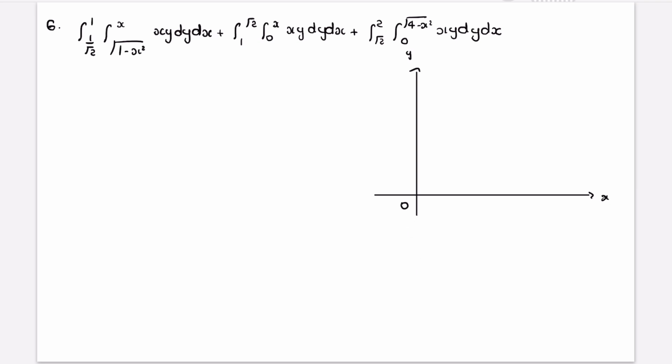So what is the first part? The first part is x is between 1 by root 2 and 1, and y is between 1 minus square root of 1 minus x square.